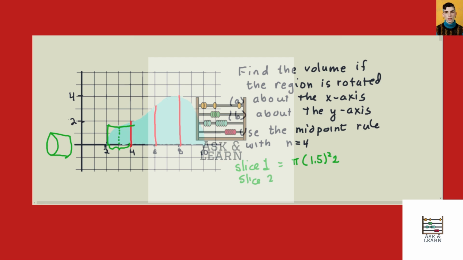Slice 2. Its r looks like about 2.2. Pi times 2.2 squared times 2. Slice 3. Maybe 3.9. Pi times 3.9 squared times 2.